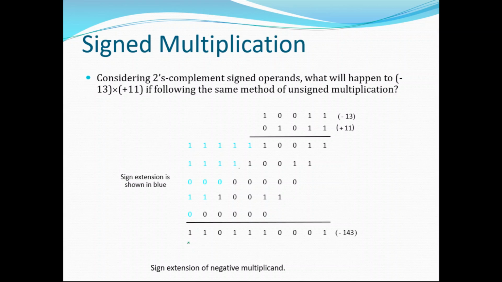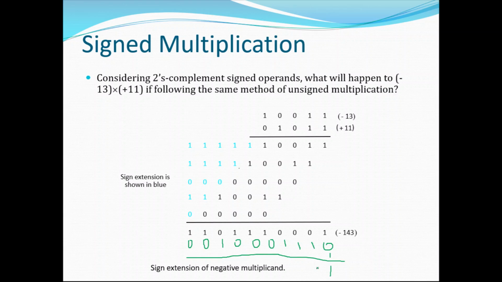So take the 1's complement of this first. That is, convert all 1's to zeros and all zeros to 1's. So this is 0 0 1 triple 0 triple 0 1 1 1 0. Now add 1 to this to get the 2's complement.